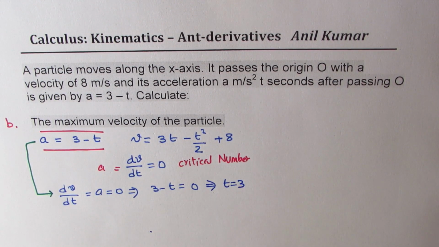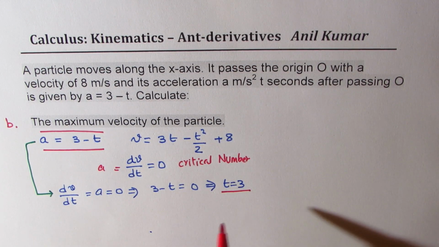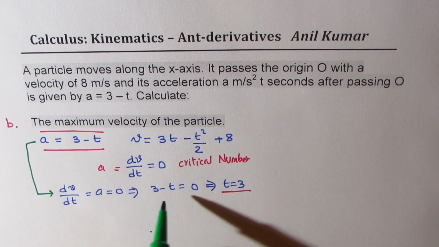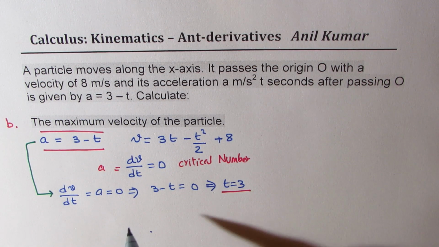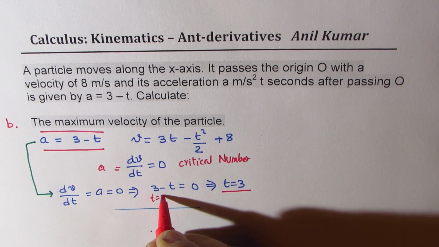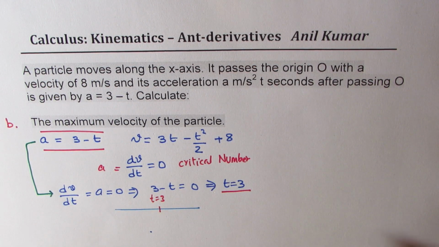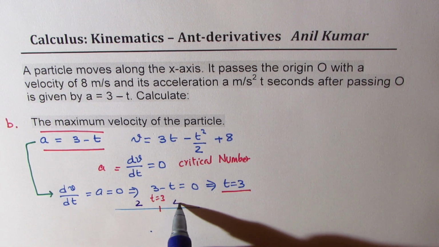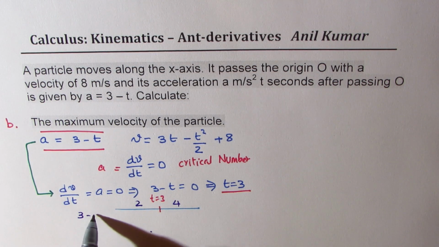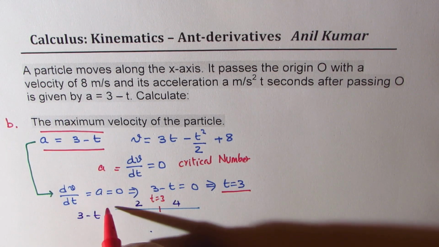So t equals 3 is our critical number, right? Let's analyze this first, and then we'll find the maximum velocity of the particle. If I analyze dv/dt over the interval, where t equals 3, let's take a test point on either side, say 2 and 4, and analyze the function 3 minus t.